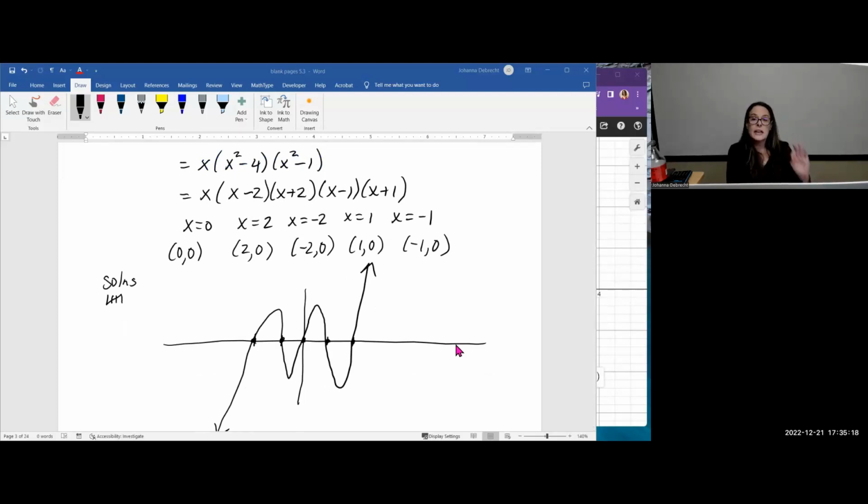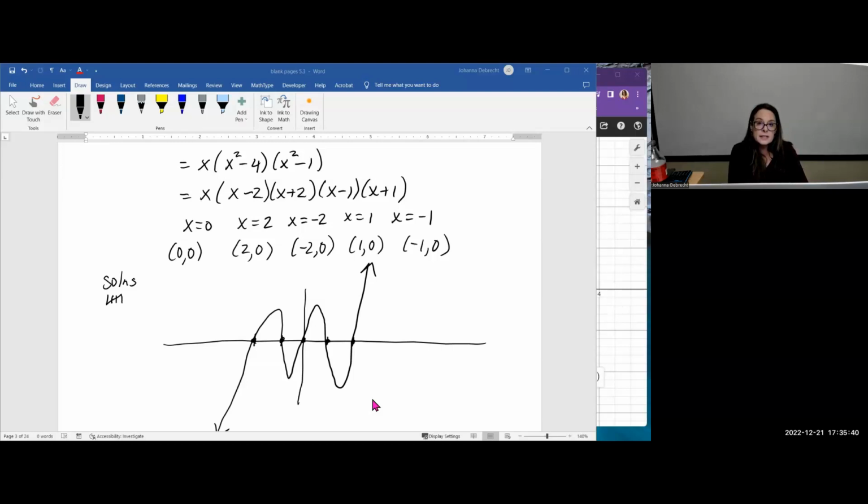Every solution is an x-intercept, and each one shows up one time, which means it crosses over the x-axis at each of those values. And you can see that it's got to look something like this right here. Now, do I really know how high or how low these turning points are? No, I don't, right? I would need calculus to know that.